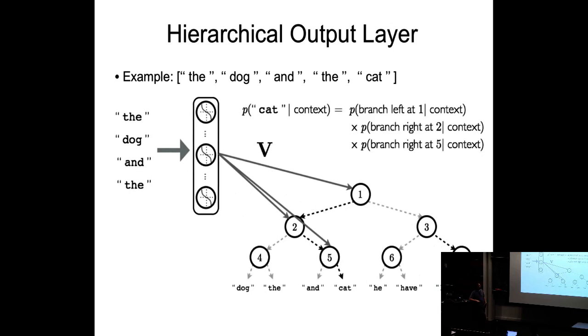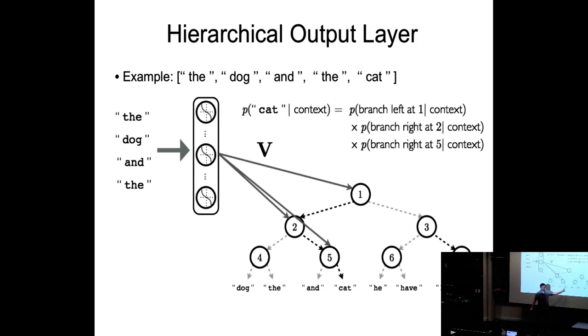But what you can do is build a hierarchical output, or a hierarchical softmax. Here you're basically saying I'm going to build a tree. This is my vocabulary, and I'm going to traverse down the tree. Because I want to predict the cat, I ask what's the probability of the left branch?